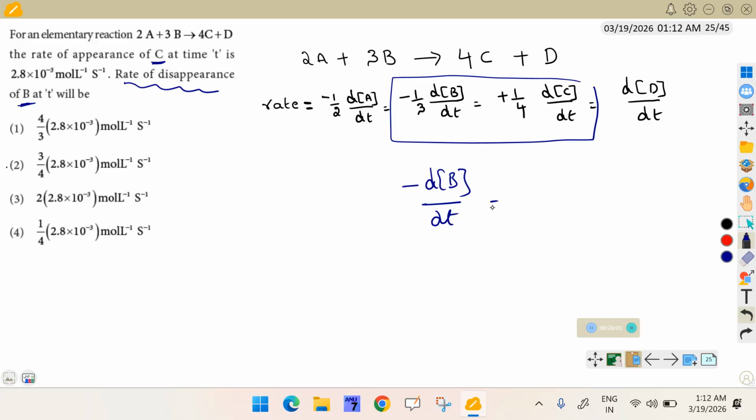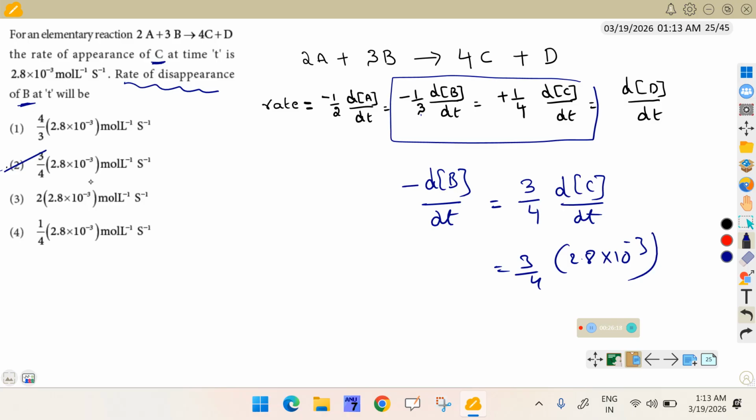Minus dB by dt is equal to 3 by 4 into dC by dt. The dC by dt value is given as 2.8 into 10 power minus 3. So the second option is the correct option.